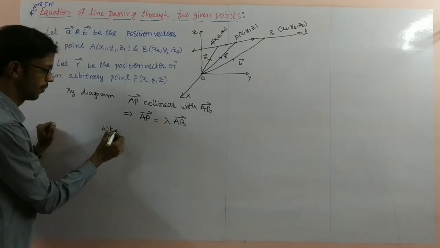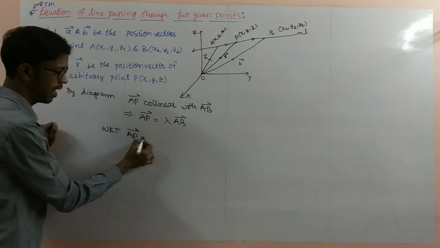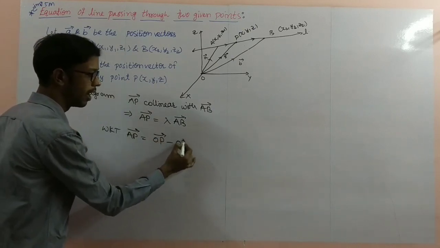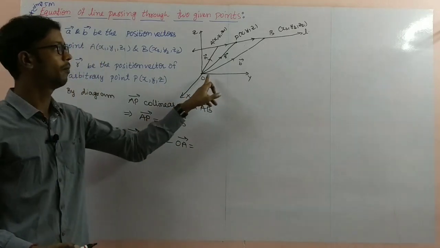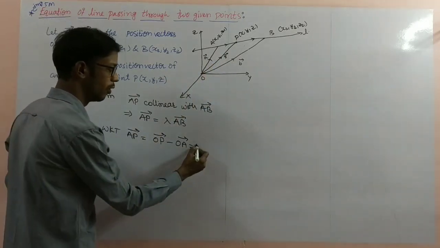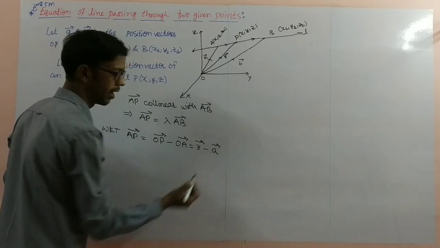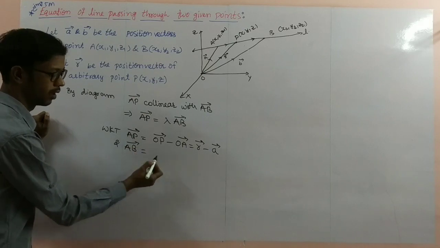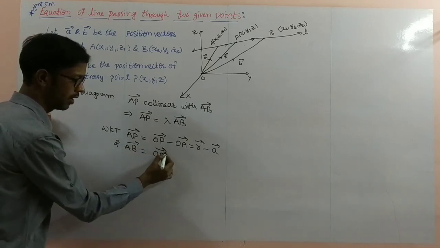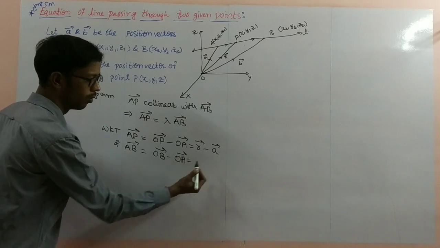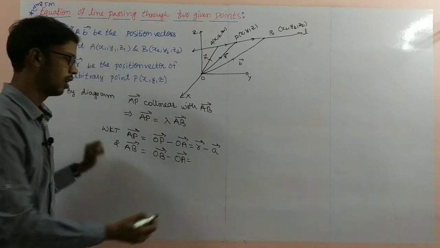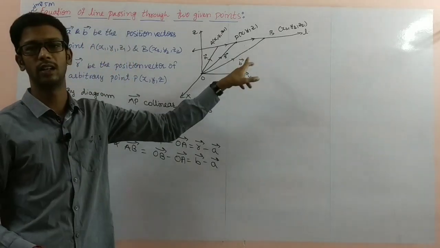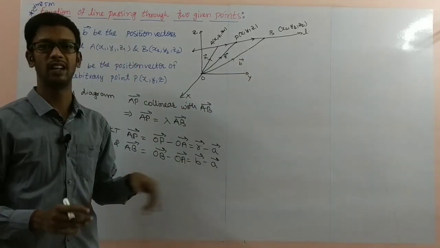We know that AP bar equal to OP bar minus OA bar, that equals R bar minus A bar. And AB bar equal to OB bar minus OA bar, that is B bar minus A bar.